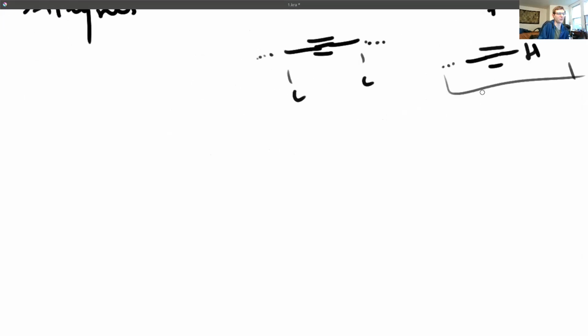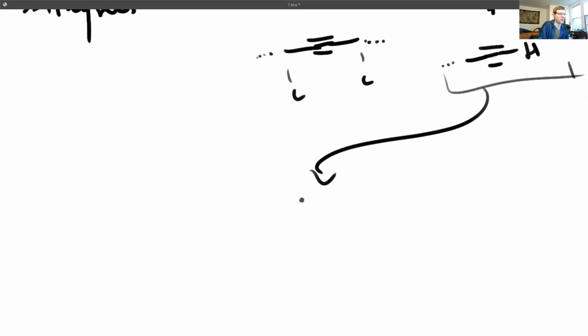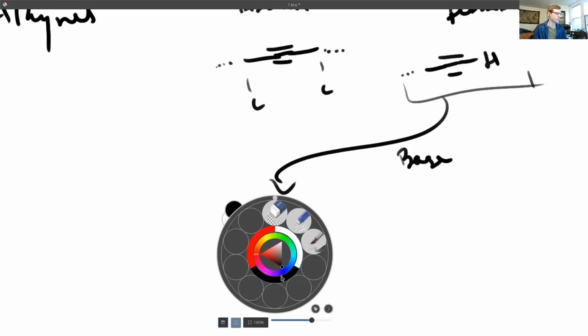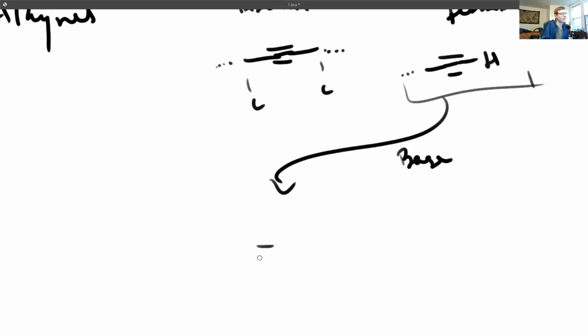The exact reason being that we could take these things and add something that's a really strong base, right? And we can deprotonate. Here we go.